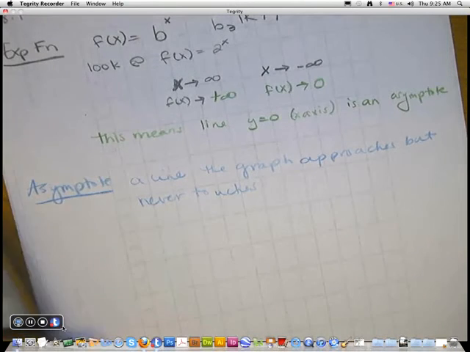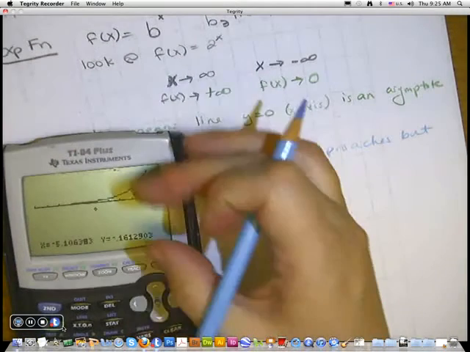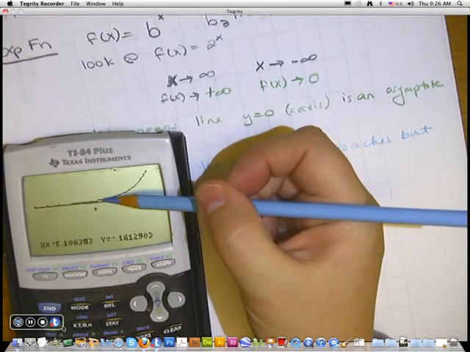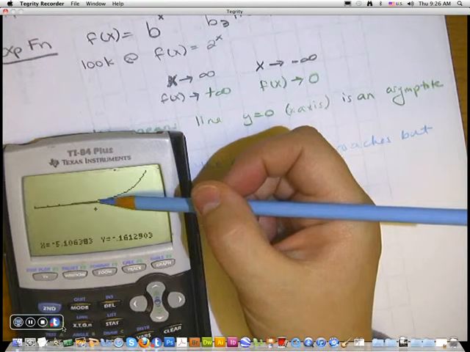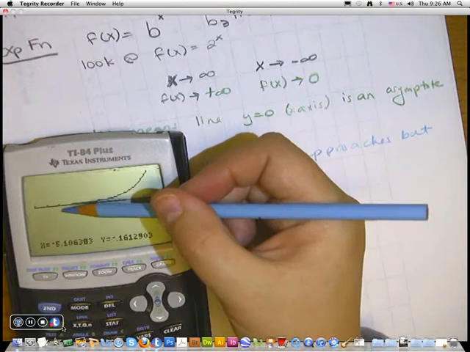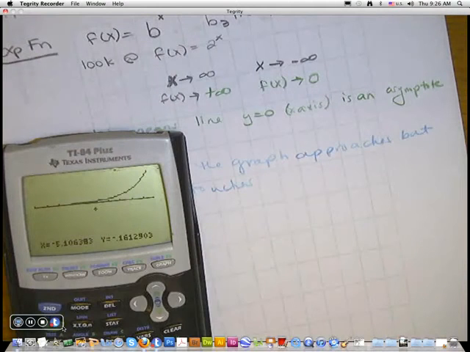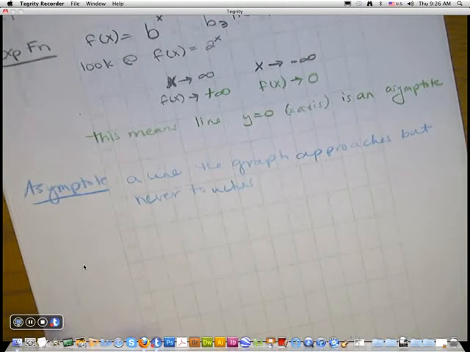All right, if we were to keep blowing up our picture and keep getting it bigger and bigger and bigger, we would see that this graph here actually gets closer and closer to the x-axis, but it actually never ends up touching it, no matter how far out that we go. And that's the whole definition of an asymptote.